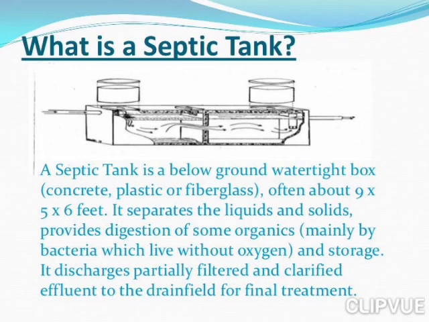It separates the liquids and the solids and provides digestion of some organics, mainly by bacteria which live without oxygen, and storage. This discharges partially filtered and clarified effluent to the drain field for final treatment.